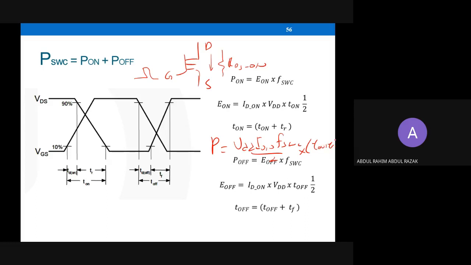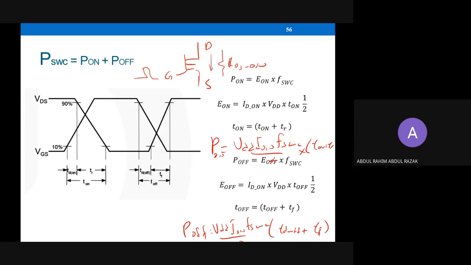So this is the total formula for your P on. Same goes to P off. P off is equal to VDD times I on times F switching divided by 2, times T delay off plus TF.